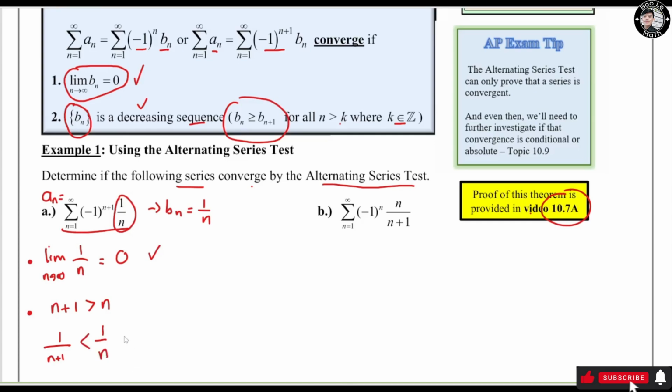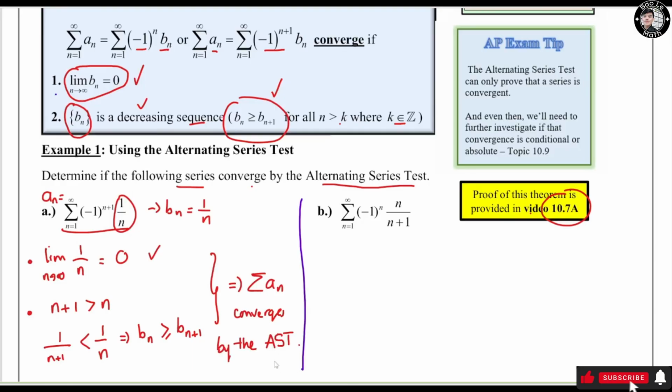So it's the same thing as b sub n greater than or equal to b sub n plus 1. Number 2 is satisfied. So from these two, we can conclude that the series a sub n converges by the alternating series test. Now on the AP exam, you must write this out, so keep that in mind.